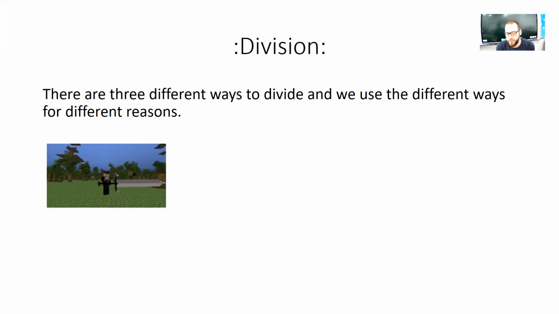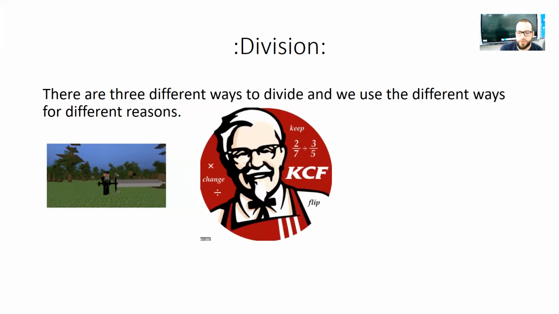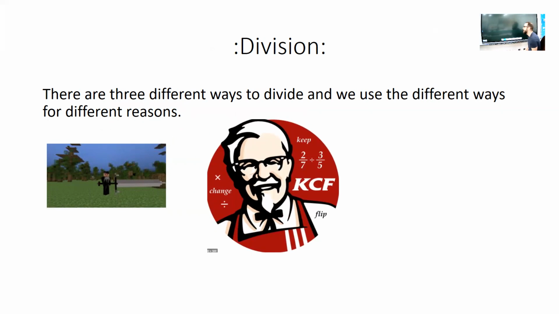And then the other method that we learned is we called the Colonel, remember? Old Colonel Sanders. It's if you have a fraction, like I have half of a cookie, and we're gonna have 5 people split that half, the way that you work with dividing fractions is you keep the first thing the same, you change the division to a multiplication, and then you flip the second number that you say, which is called the divisor.